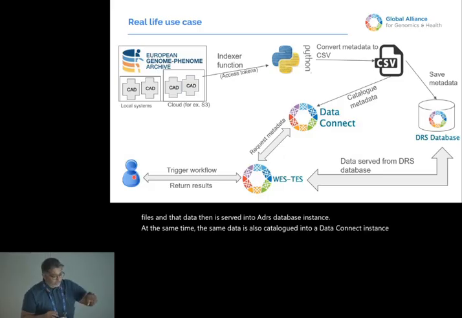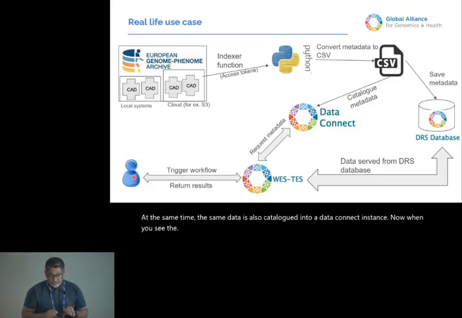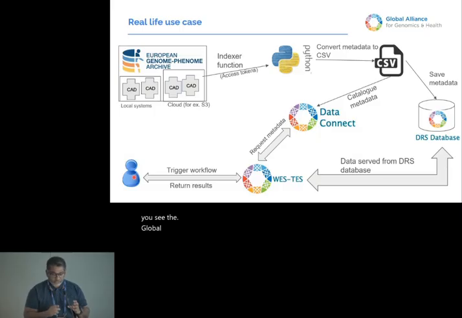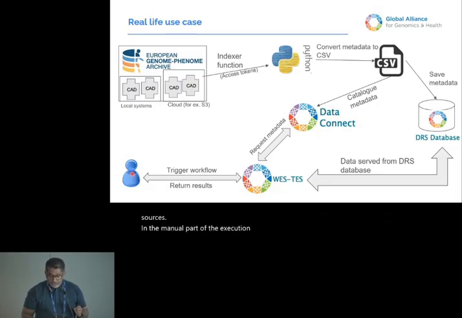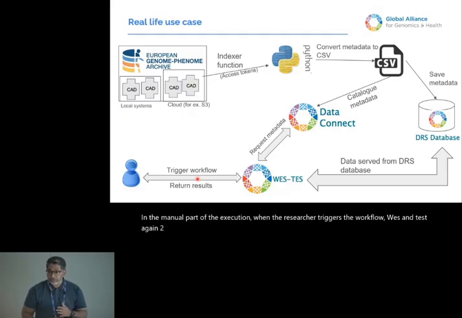Now, when you see the GA4GH emblem, it means these are the standards that are being used. So the Data Connect instance would help in cataloging the data which has been retrieved from these CAD sources. In the manual part of the execution, when the researcher triggers the workflow, WES and TES, again two standards, will handle the flow, will handle the execution.